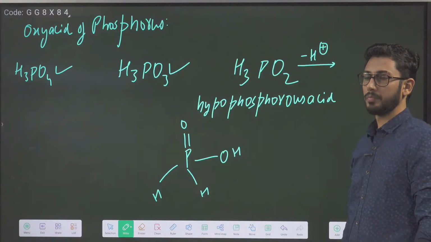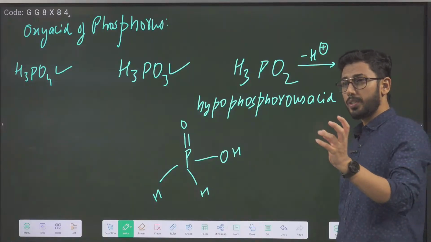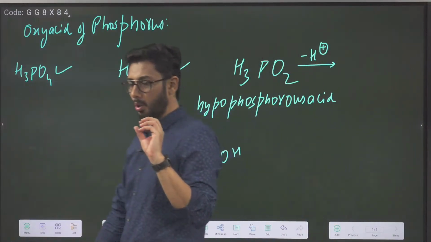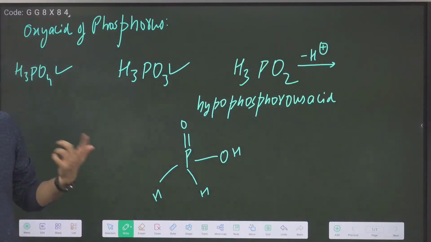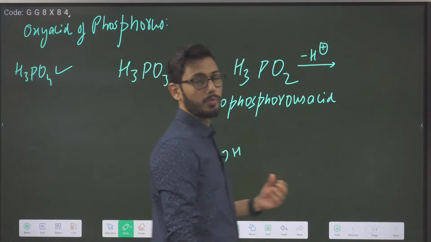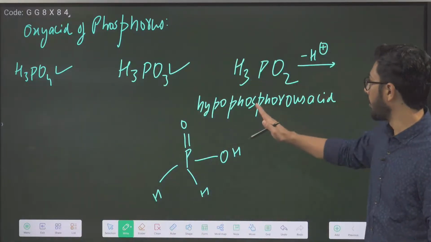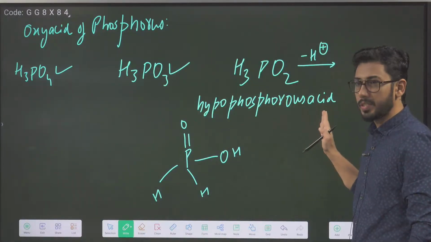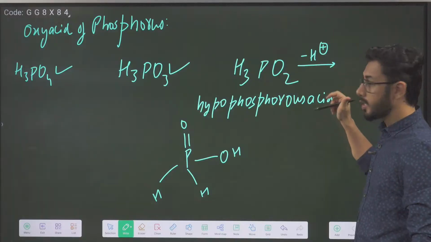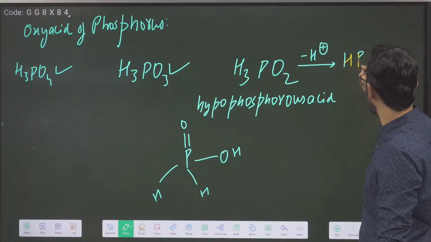Getting it? So this structure writing is now not the focus. Parallelly, I am writing it so that later when you do it, you will relate it fast. Focus here only, hypophosphorus acid. After the loss of H plus, its anion is H2PO2 minus.